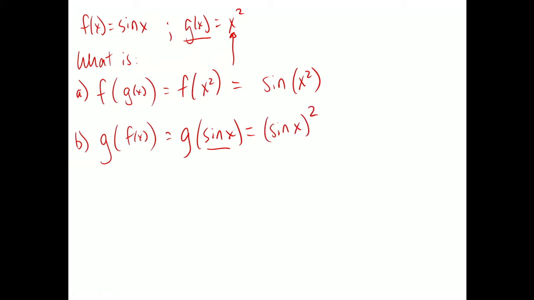Because again, it's the g function. What is g? g is the squaring function. If you wanted to give it a nickname, you'd say it's the square function. It squares things. If you plug 2 in, it gives you 4 because that's 2 squared. So if I plug sine in, it should give me sine squared.